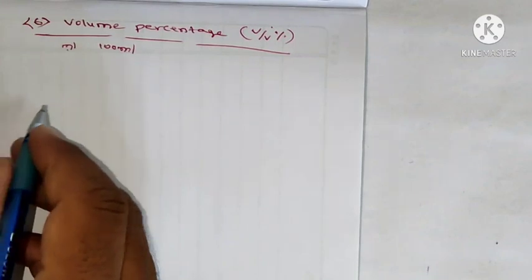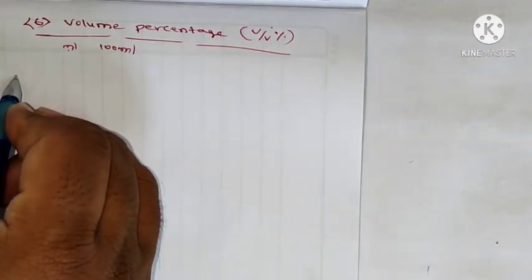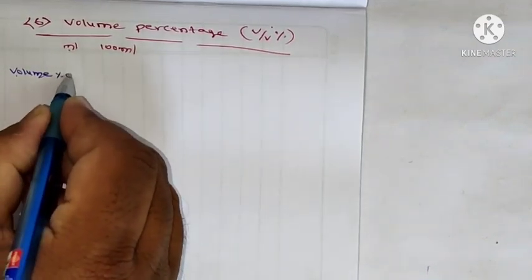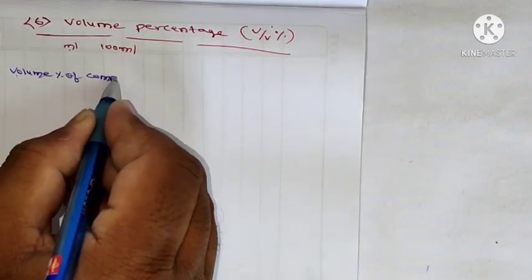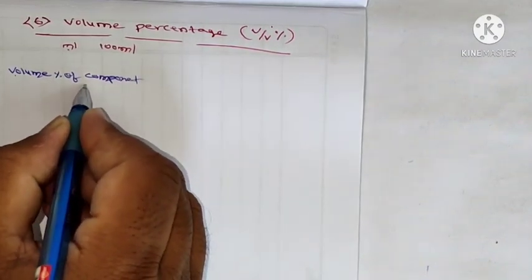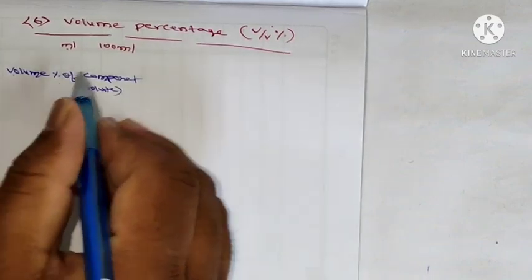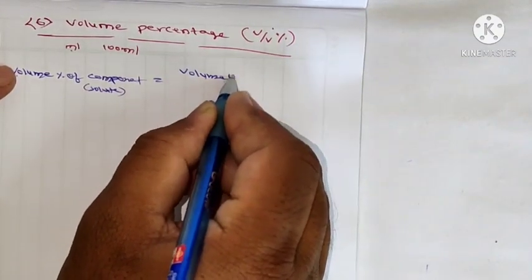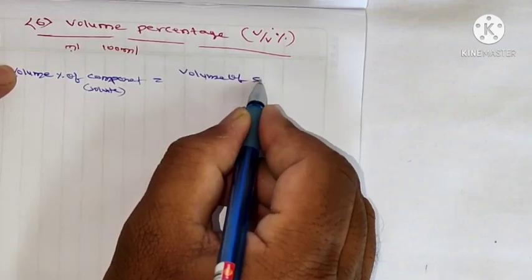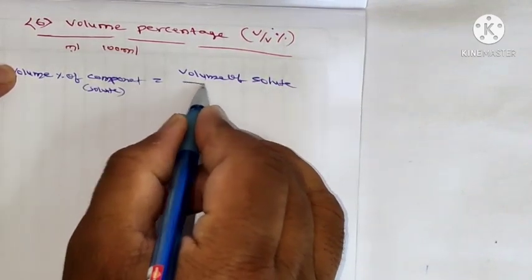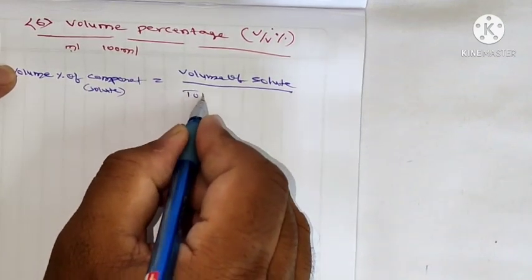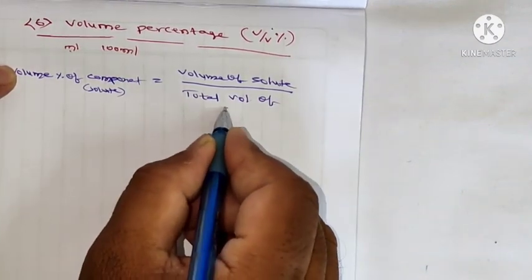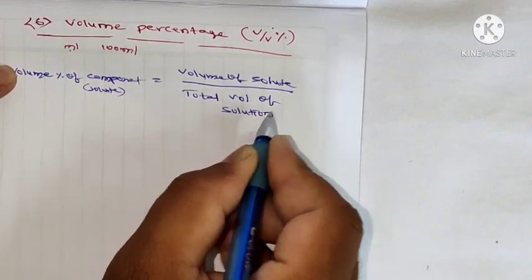So we can write that the volume percent of a component, which means the solute, is equal to the volume of solute or component divided by the total volume of solution, into 100.